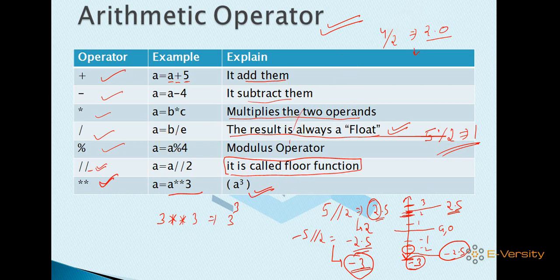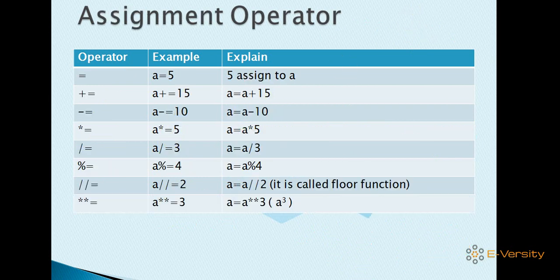Okay, now we can go to the next operator, the assignment operator. The assignment operator is basically used for assigning a value. The equal to sign is used for assigning a value. If I am writing a = 5, then the value 5 is assigned to the variable a, right?